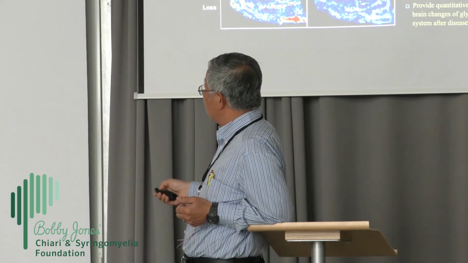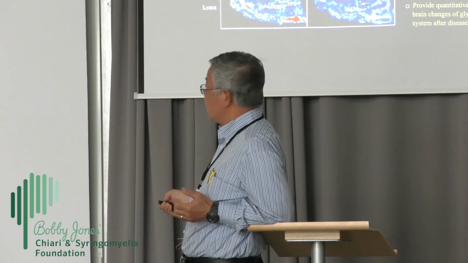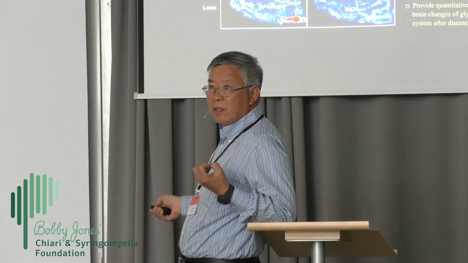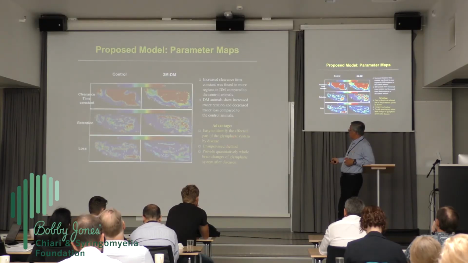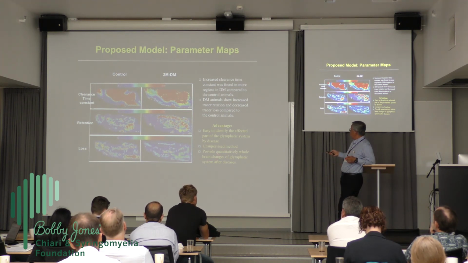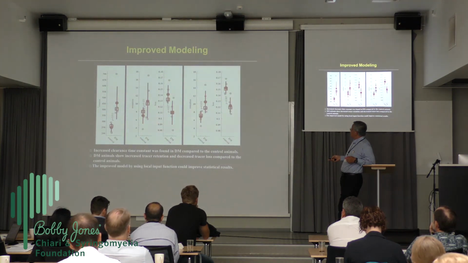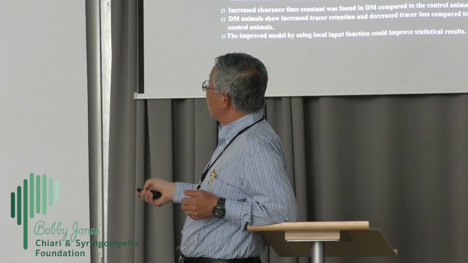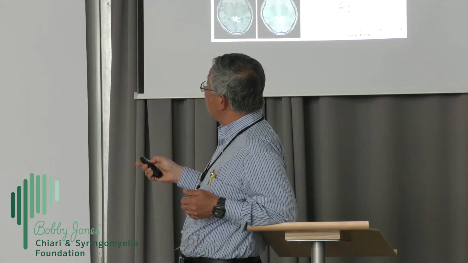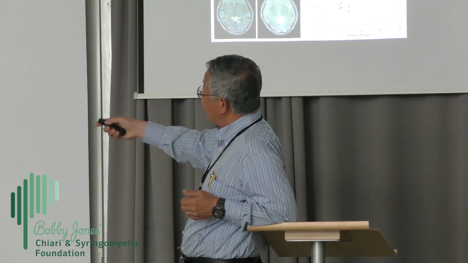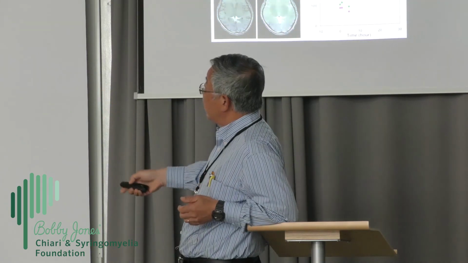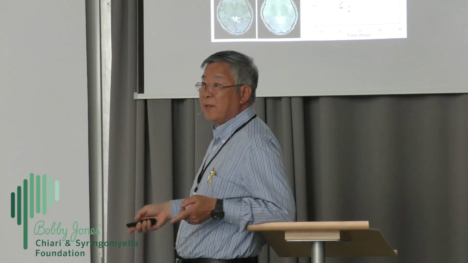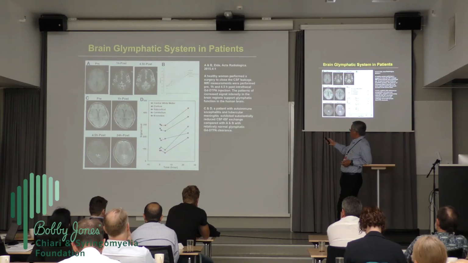The advantage of this is that it easily identifies which areas are affected by the disease. It is also unsupervised and provides quantitative measurement. Using this model, you can improve the result, and then compare with human data. Human data shows a similar result to what Dr. Aidan did.